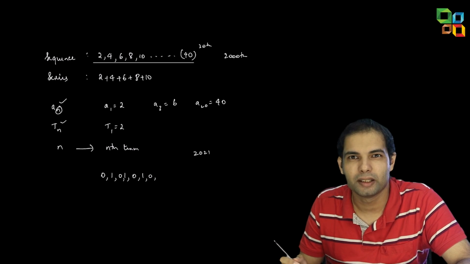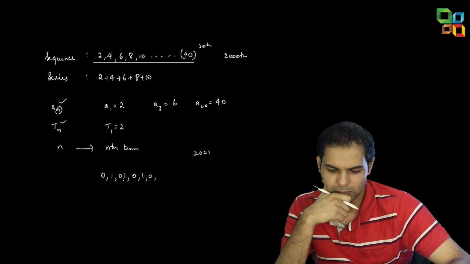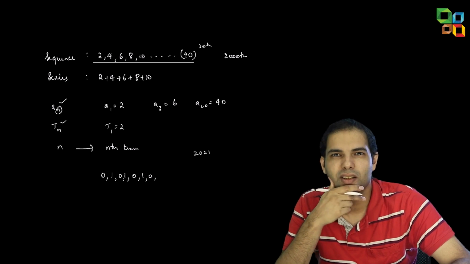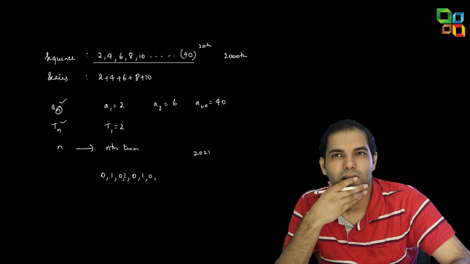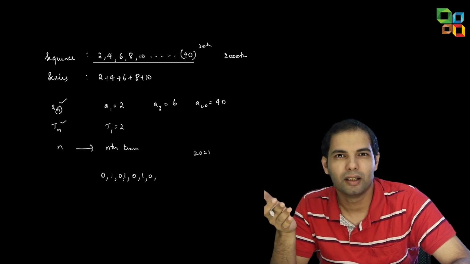So what is the pattern here? Plus 1 minus 1, you can think of it like that. But in a generic way, if I want to write it, how will I write it? The odd terms are zero, correct? Odd terms are zero and even terms are one.